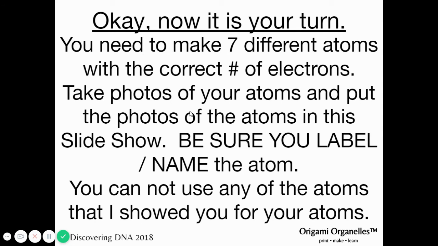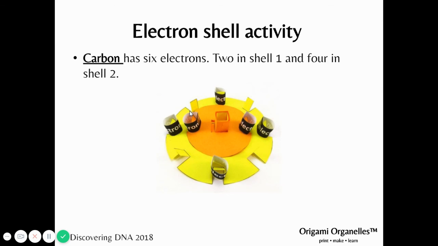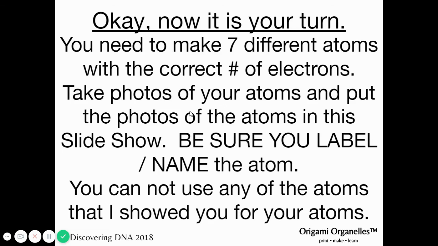Make sure that you label or name your atoms. So if you're like up here, what I did was I had boron and I had carbon and I had beryllium. So make sure you label what your atom is. And then it has to match the correct number of electrons that are in the atom.